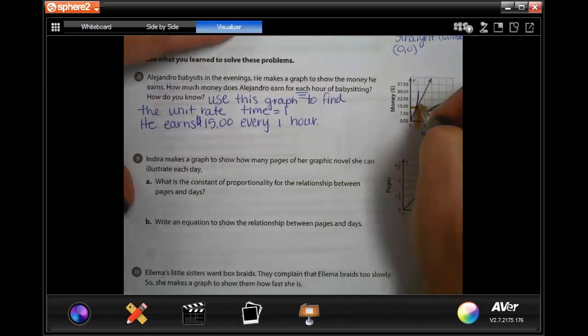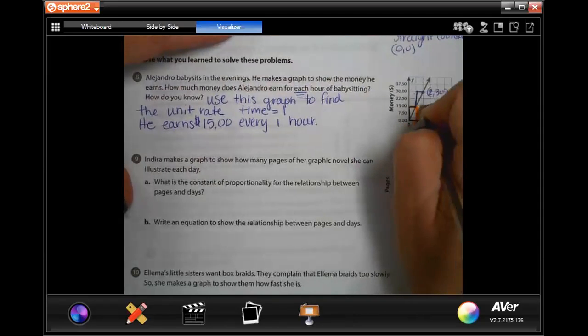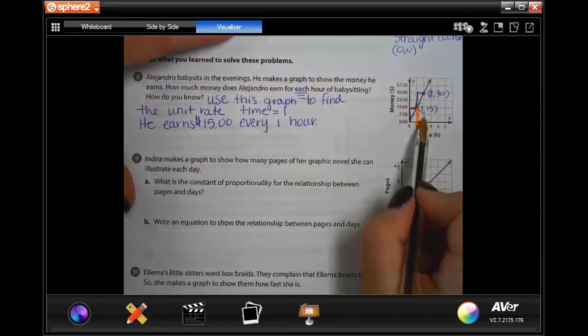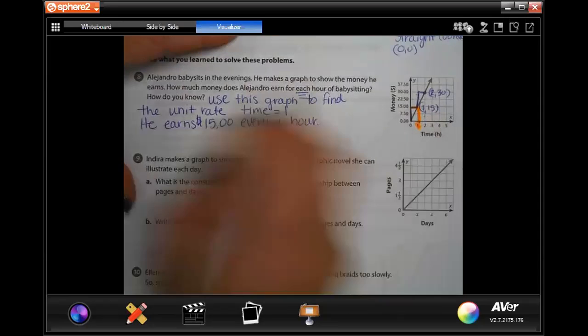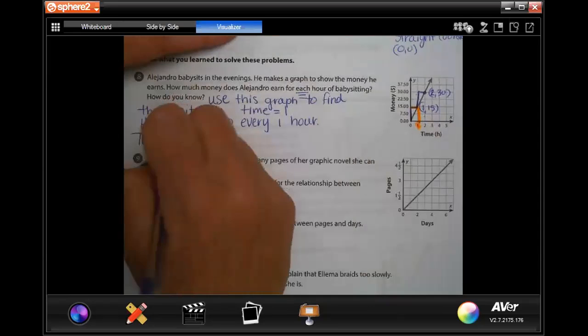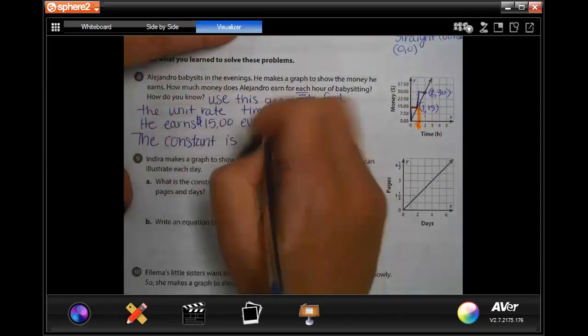This one right here was 15, then 30, then 45. So every hour, he gained $15 more. So the constant is 15.